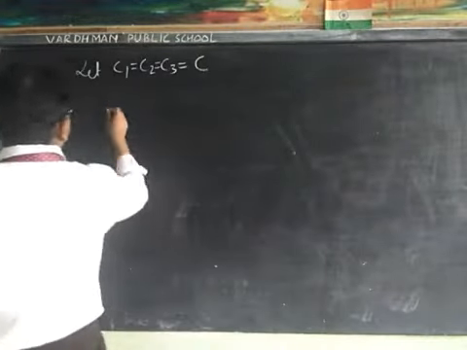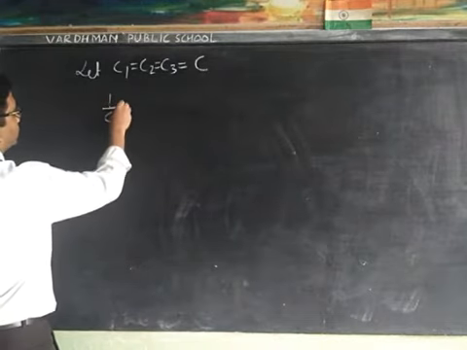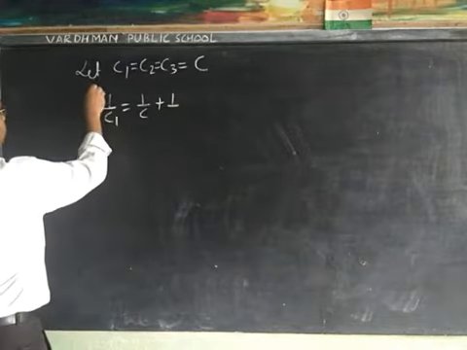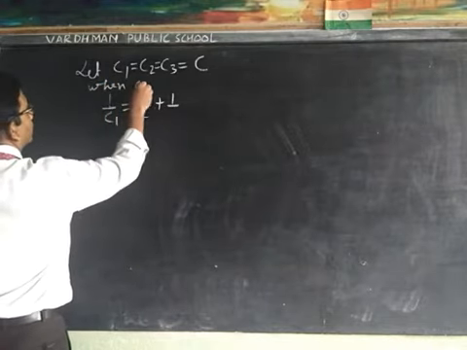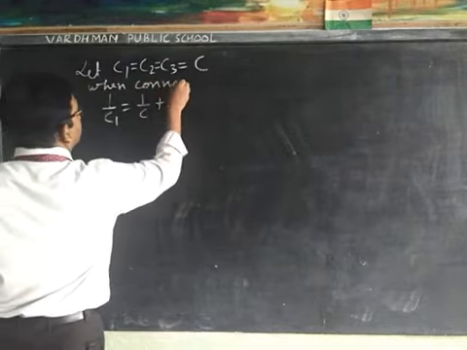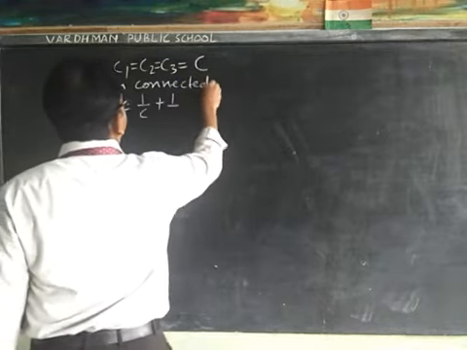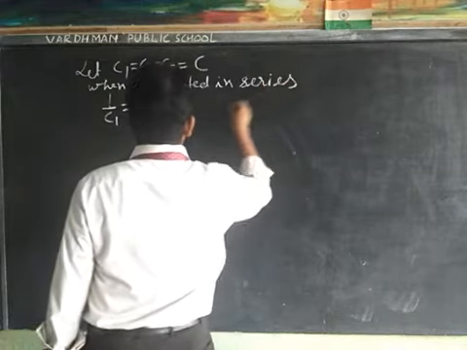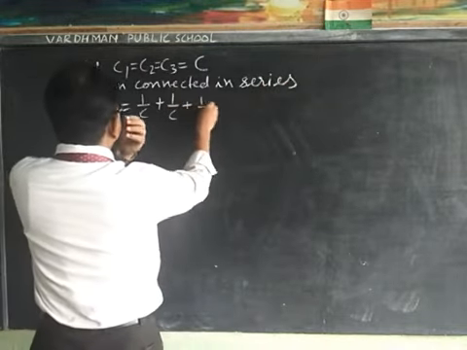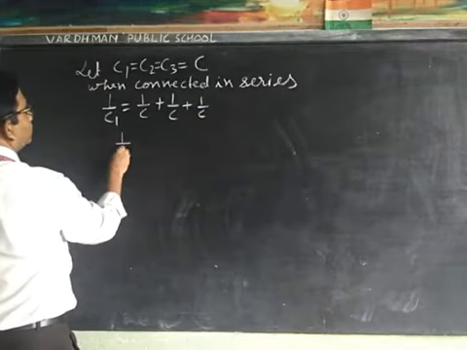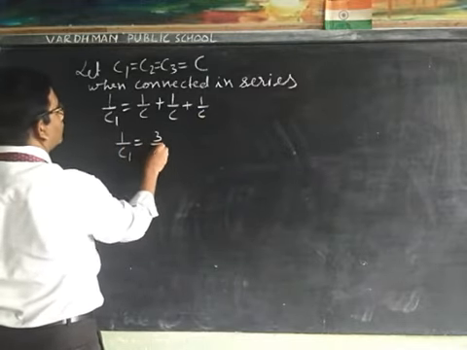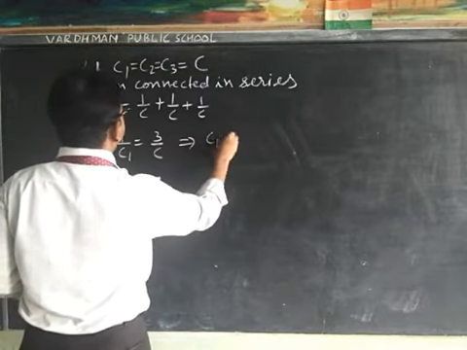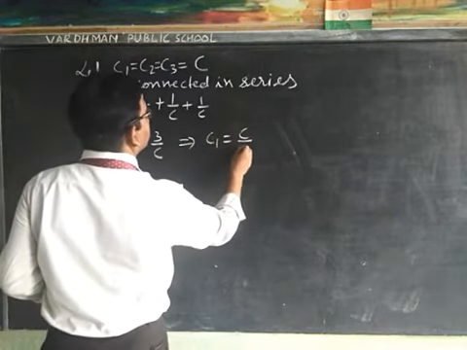When the 3 capacitors are connected in series, 1 upon C1 is equal to 1 upon C plus 1 upon C plus 1 upon C, which is 3 upon C. This implies C1 is equal to C upon 3.